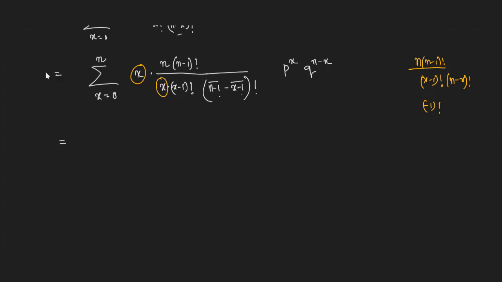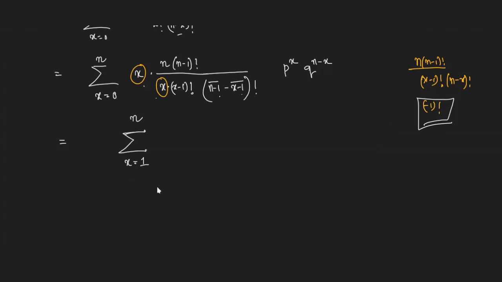Since we cannot put x equal to 0, in the next step we have to change the summation: now x will start from 1 to n. Putting 0 gives the impossible value minus 1 factorial, so we ignore 0.